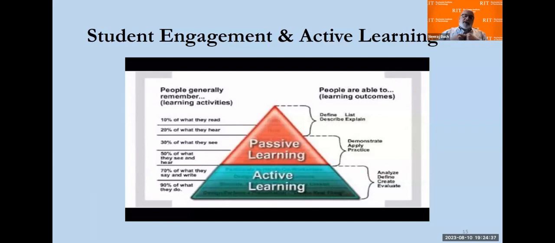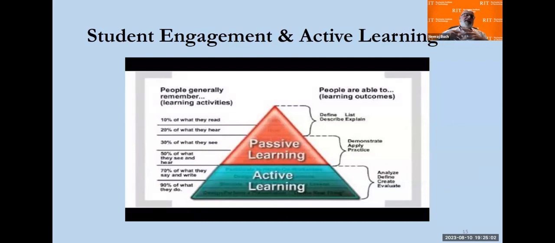So if the students do things in order to demonstrate their understanding of the concept, there is a 90% chance that they will retain that material, as was seen in that original poll, where there was a high percentage of loss of learning or just loss of retention because it was just a straight out passive lecture.